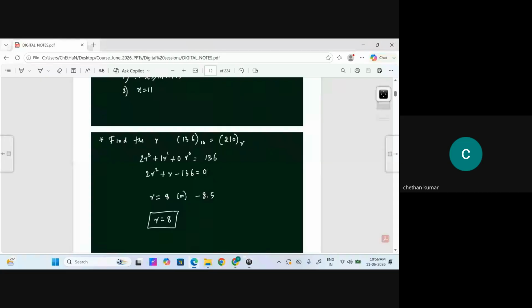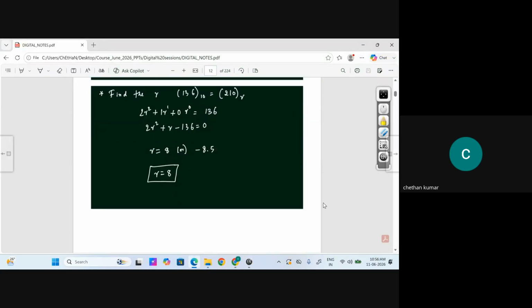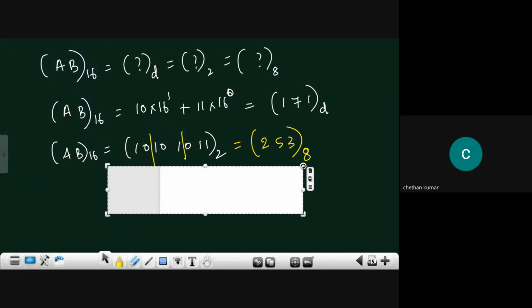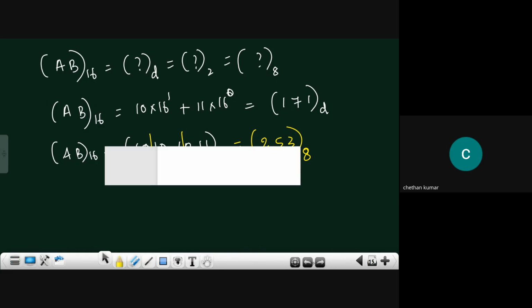My question is, okay, so this is a very interesting question. So consider addition of the numbers. Okay, I just write it. Consider.